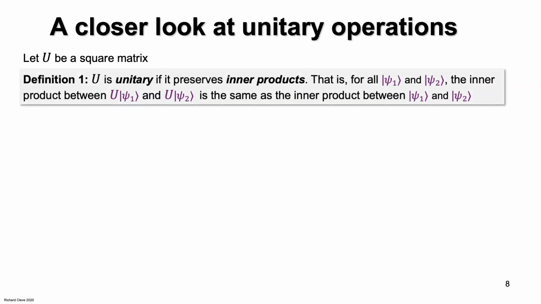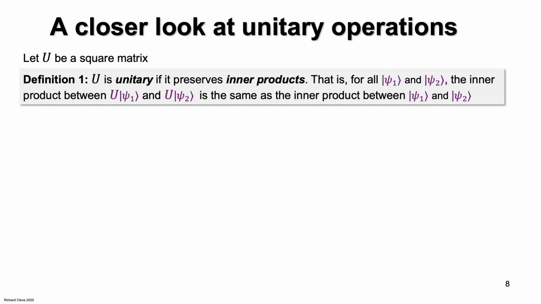Now, let's look at unitary operations more closely. We'll see three equivalent definitions of unitary. Let U be a square matrix. The first definition is in terms of a useful geometric property. U is unitary if it preserves angles in the following sense.